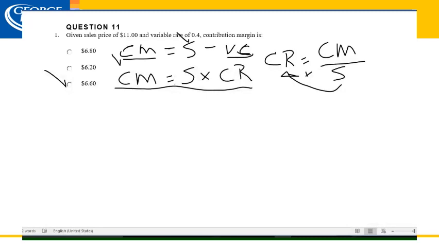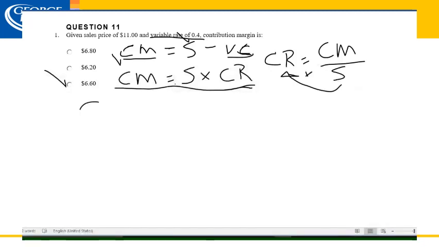So using our contribution margin is equal to our sales times our contribution rate, we would have to find our contribution rate. We are given our variable rate. We can easily solve for our contribution rate because our variable rate and our contribution rate are two pieces to a whole. So one minus the whole minus a piece equals the other piece.